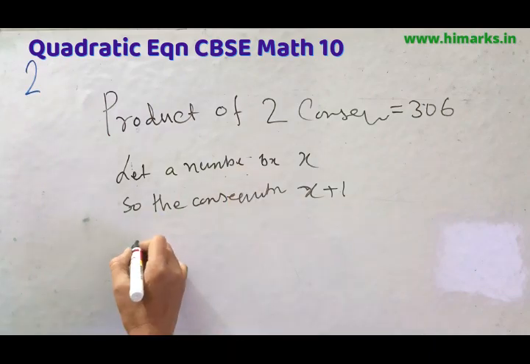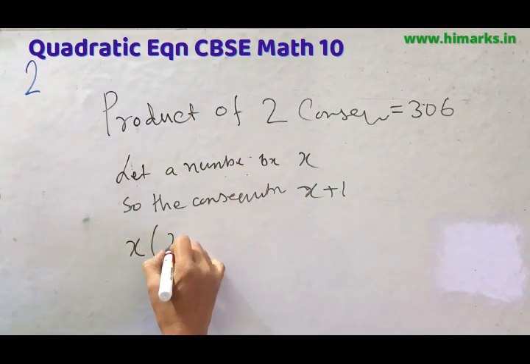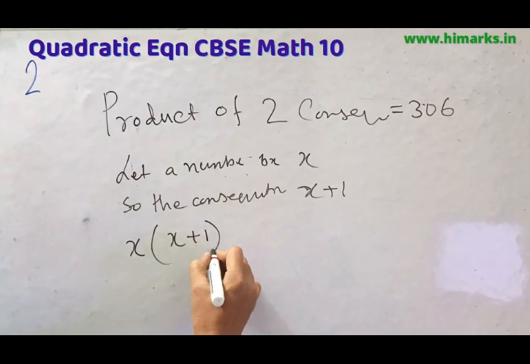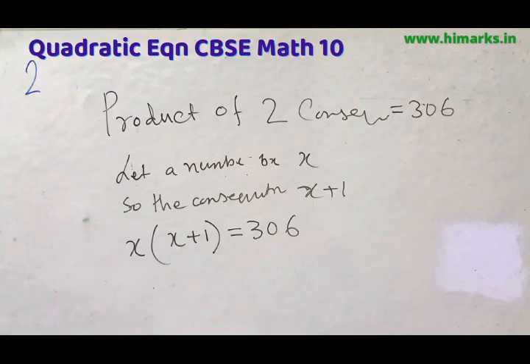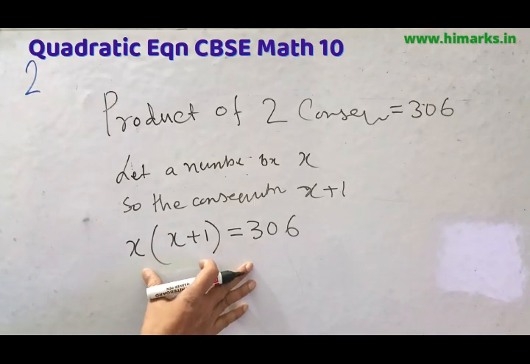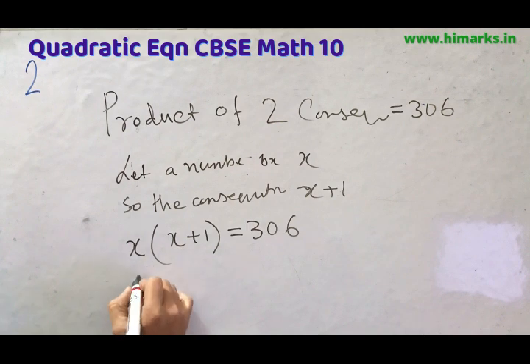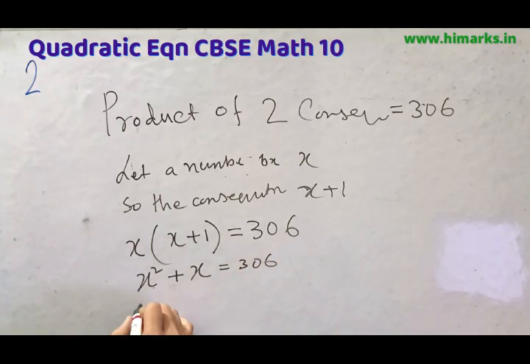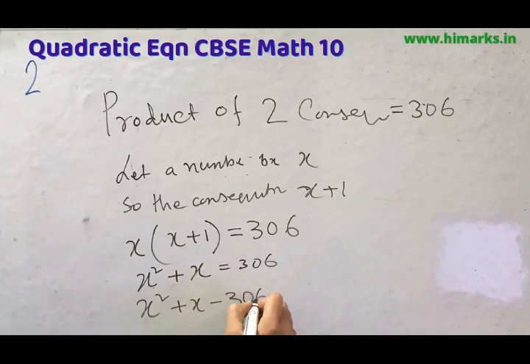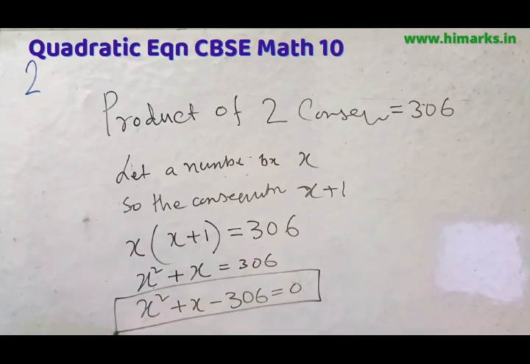So product means x into x plus 1 equal to 306. This is the condition. Whatever condition is given, we put in a mathematical format. Now we'll simplify a little: x square plus x equal to 306. So x square plus x minus 306 equal to 0. This is a quadratic equation.